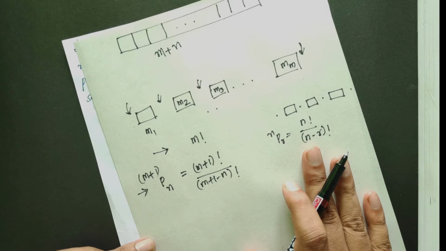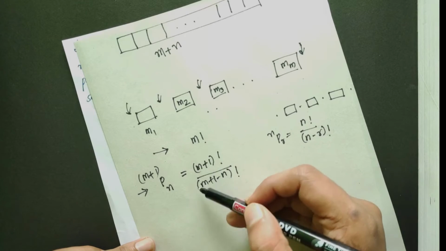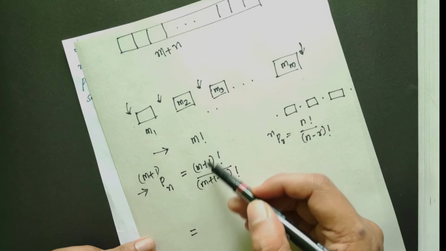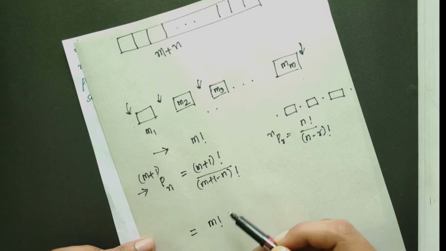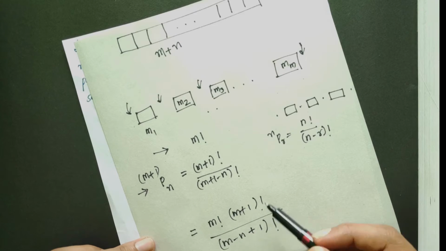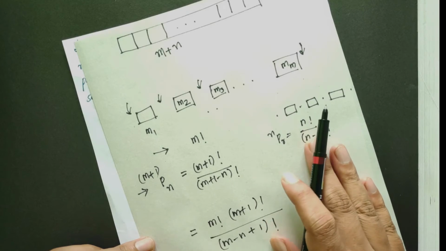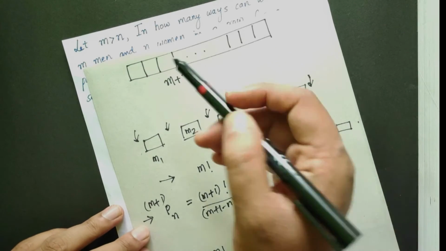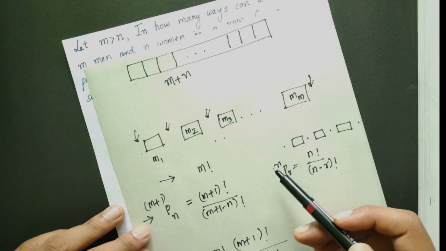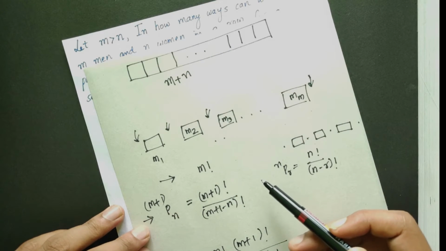So the total number of ways is the product of these two quantities. If I take the product, it is m factorial into m plus 1 factorial divided by m minus n plus 1 factorial. So this is the solution of the number of ways in which you can arrange their seating position so that no 2 women occupy consecutive positions, right?